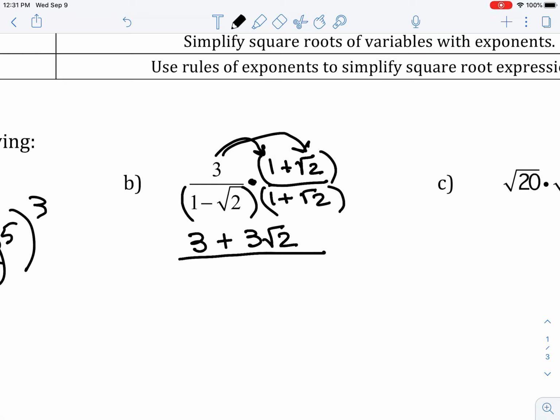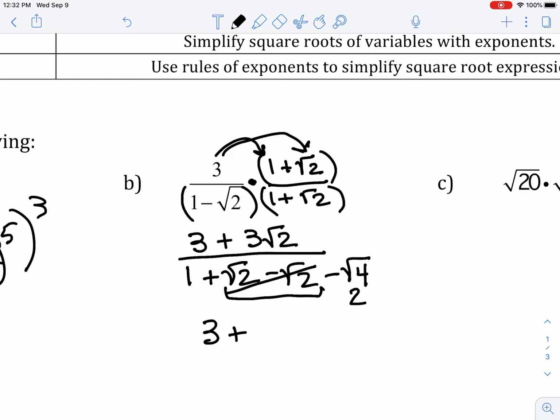So 1 times 1 is 1 plus root 2 minus root 2 and then minus root 4. These two terms, when we're multiplying with conjugates, will always subtract away to 0. Root 4 is 2. 1 subtract 2 is -1.